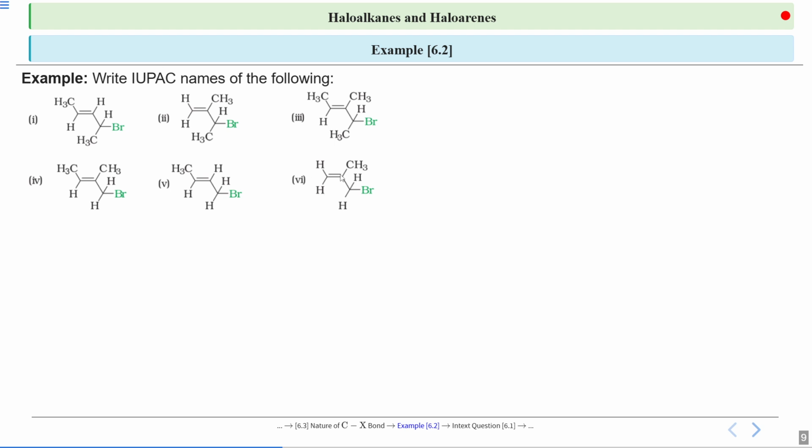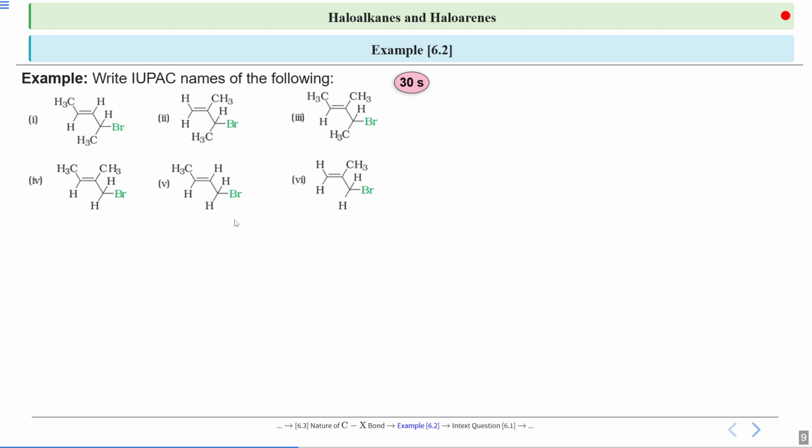And sixth is CH2=CH-CHBrH, right? H is the representation for hydrogen, Br is for bromine, CH3 is for the methyl group, and C is for carbon. Okay, so they are unsaturated hydrocarbon structures. You have to tell the IUPAC name of all of these.